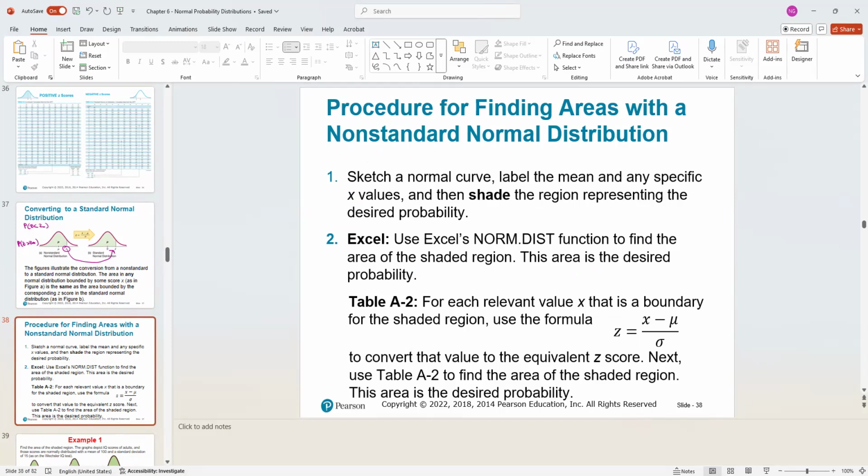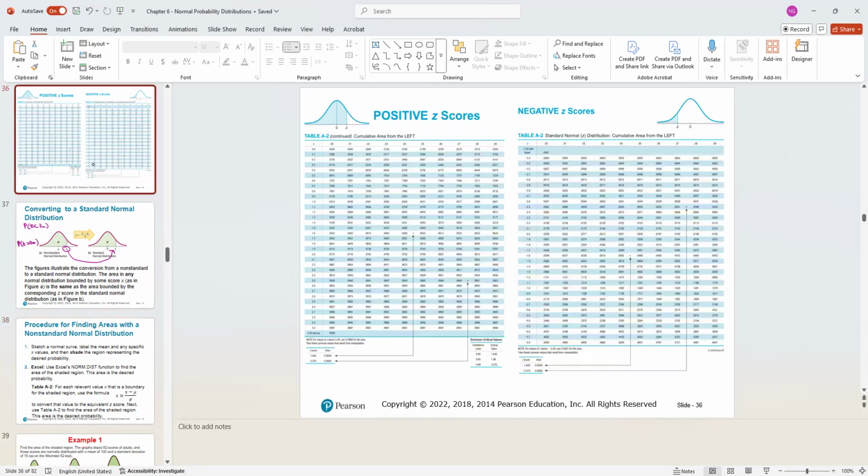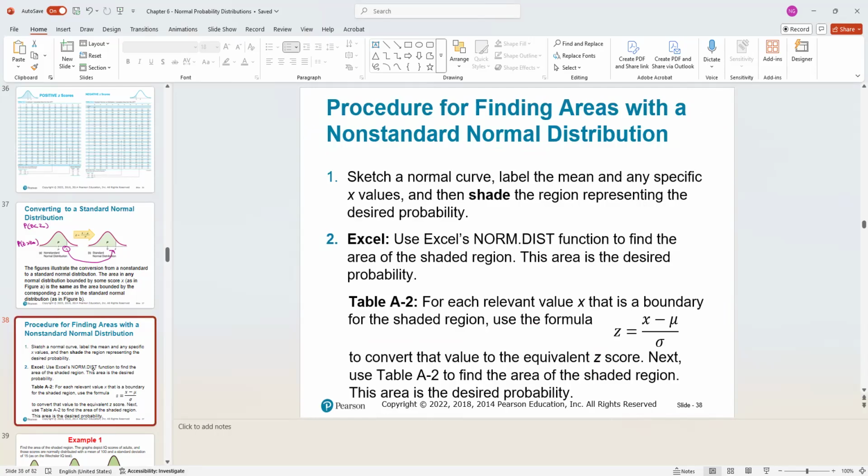But in this video, I'm going to focus on the table instead of using Excel. So for each relevant value x that bounds the shaded region, use the formula z equals x minus the mean over sigma to convert that value to an equivalent z score.